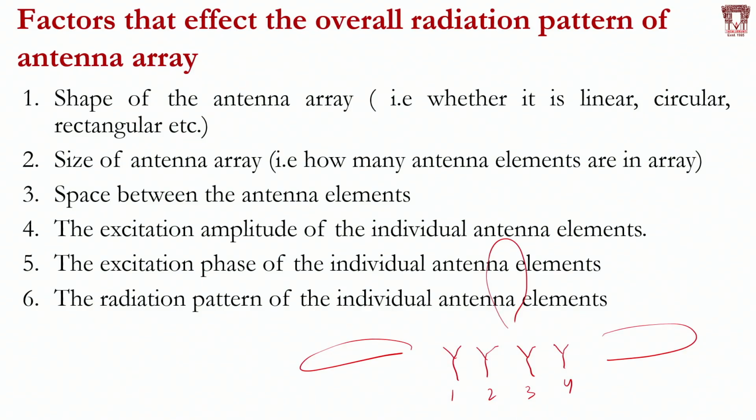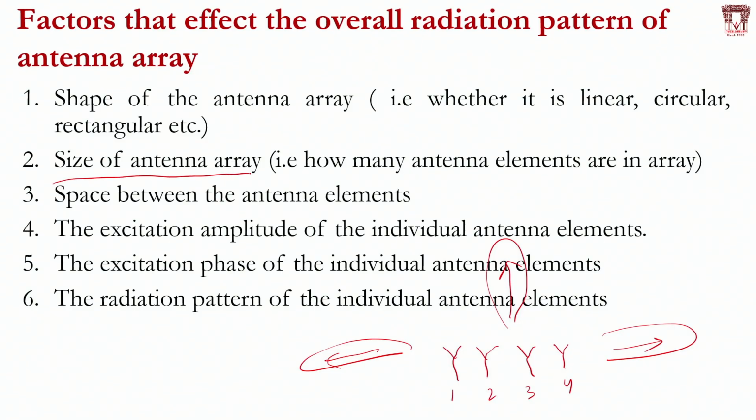What are the factors that will decide in which direction the beam will be? The first factor is the shape of the antenna array, that is whether it is linear, circular, rectangular, planar, or a three-dimensional array.